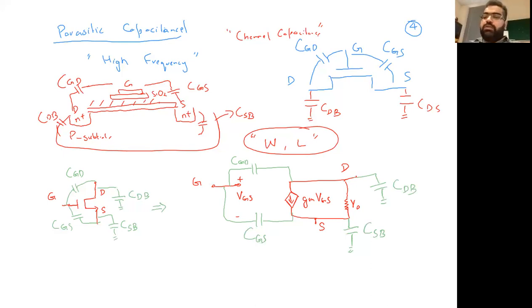Okay? And also, for example, if I have this configuration and my source is connected to body, or both of them are grounded, my CSB will be equal to 0 because they both are shorted together. Then I will not have any CSB capacitance. So based on the specific scenario, we will use our capacitance accordingly. Okay?